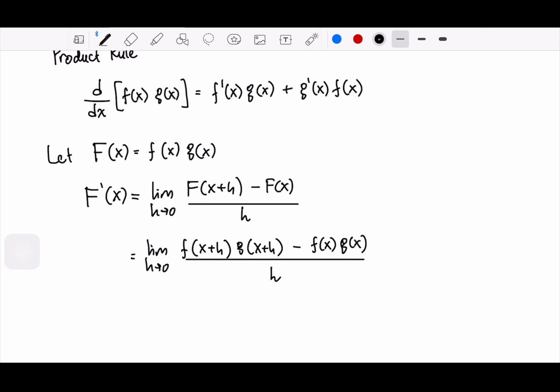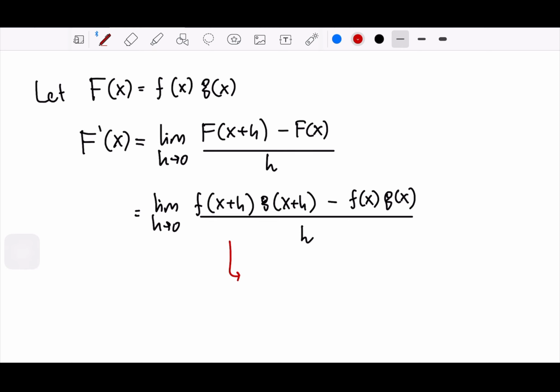Can we force, or manipulate, this form to have the same description as this one? And then we can have some certain f and g in groups. That's what we are doing. This is a little bit tricky.